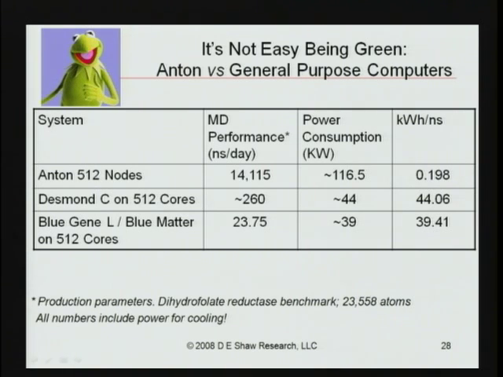Our Desmond software package running on 512 x86 Core 2 Duo cores gets about 44 kilowatt hours per nanosecond of simulated time, and Blue Gene gets about 40 kilowatt hours per nanosecond of simulated time. So the specialization really helps because you're not wasting any power on doing any of the things a general purpose processor needs to do to keep the instruction stream flowing.